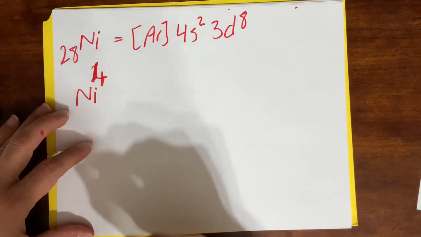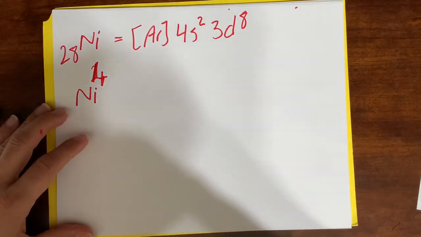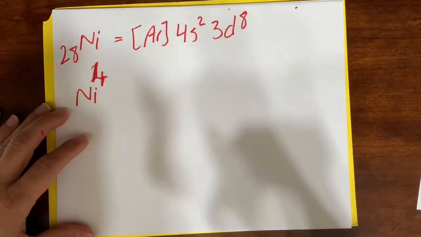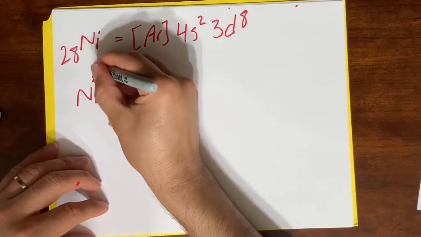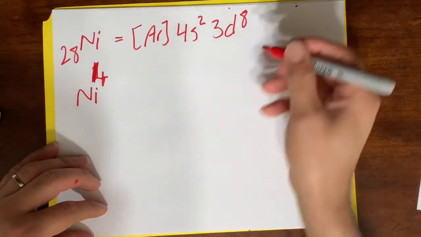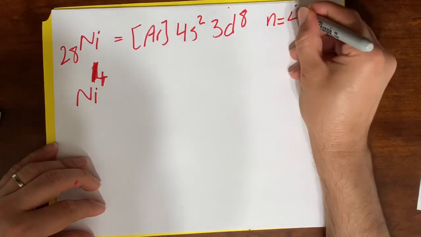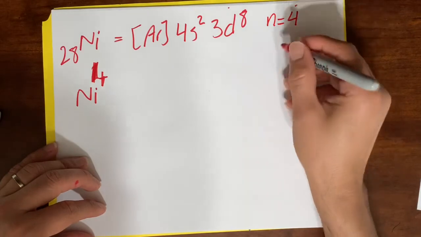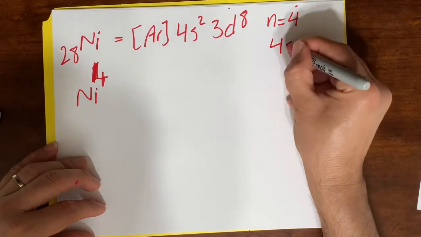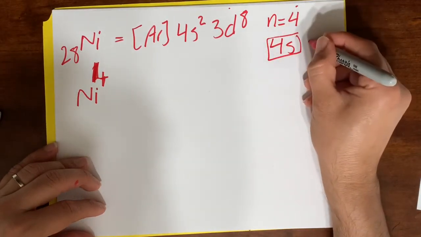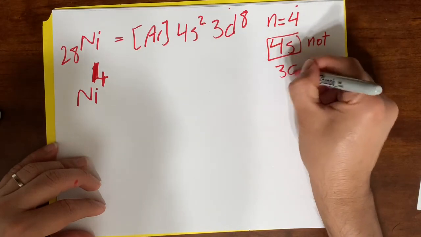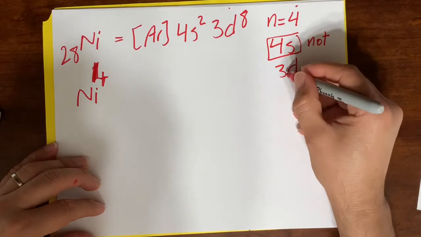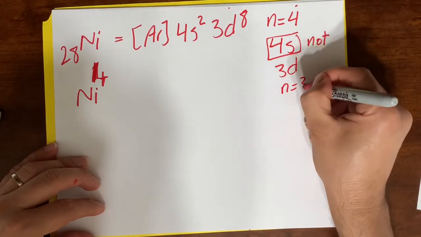You take the electron from the highest n. Be careful, please. Highest n is equal to 4. So you will take the electron from the 4s, not the 3d.